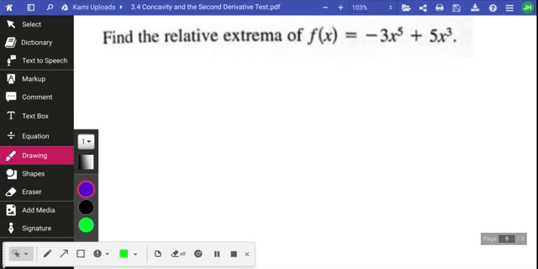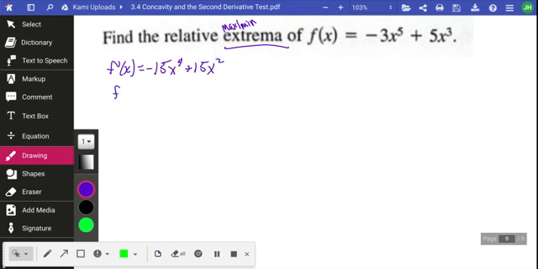So find the relative extrema, and that means max and min of this function here. So we're doing the second derivative test. So I will do f prime of x, and we have to do the first derivative to get the second derivative. So I'll do -15x to the 4th plus 15x squared.